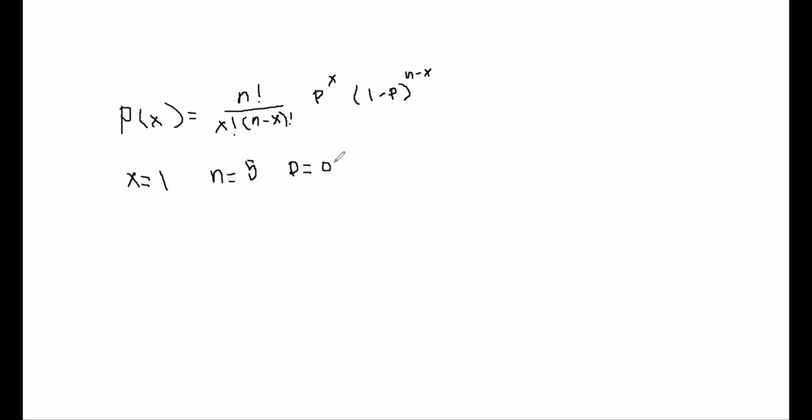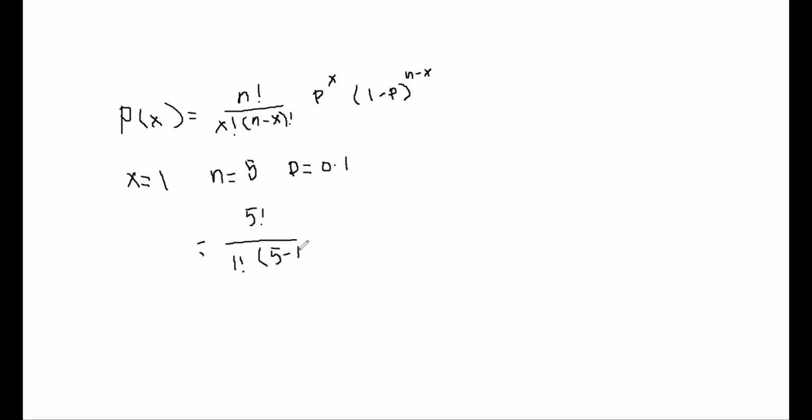Now if you look at the formula, you just need these three values to complete it. You have n, you have x, you have p. You don't have any other unknown parameter. So let's plug in all the values. It is 5 factorial over 1 factorial, then (5 minus 1) factorial.